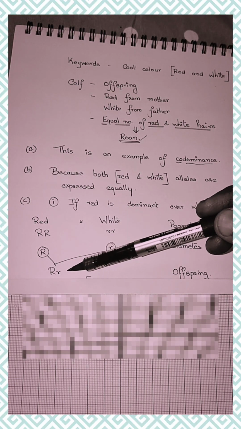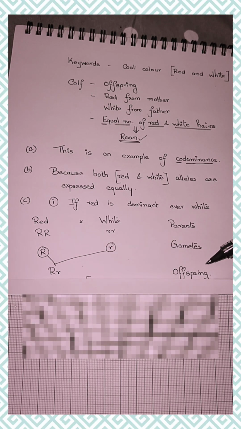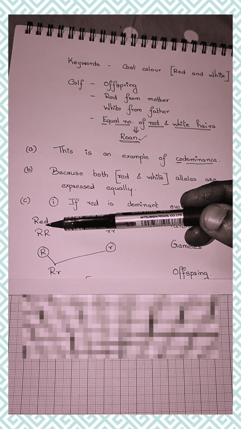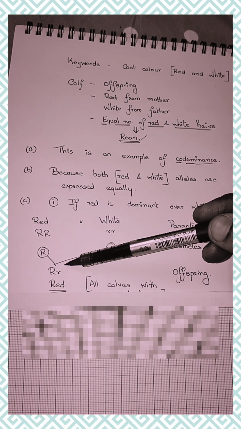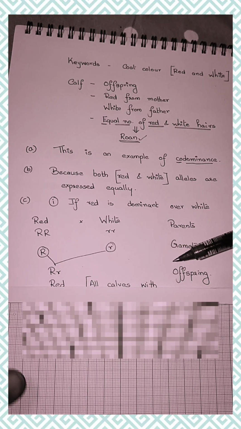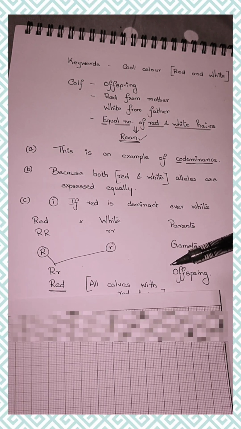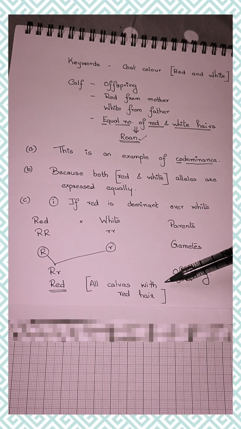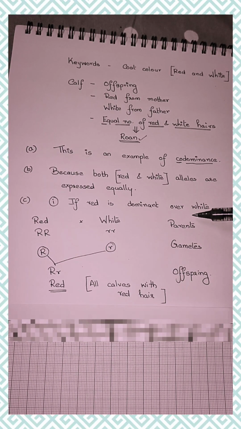Then the offspring has both capital R and small r. Now since red is dominant over white, you have the phenotype as red. That is, all the calves would be red in color. That is the case where red is dominant over the white.